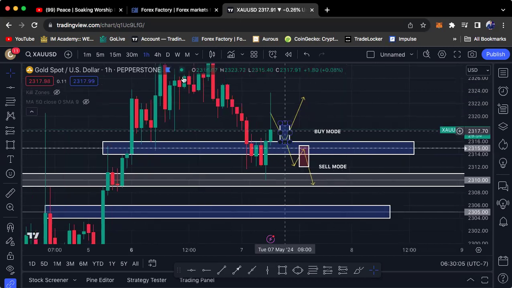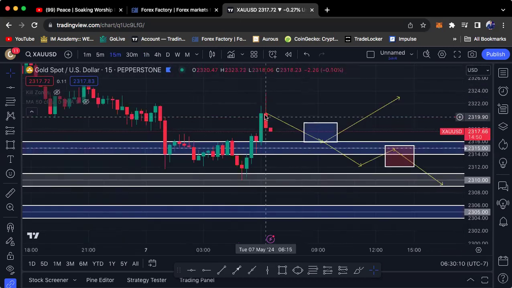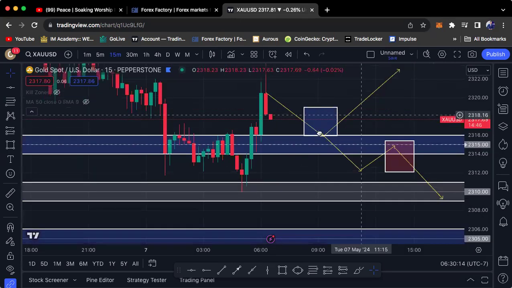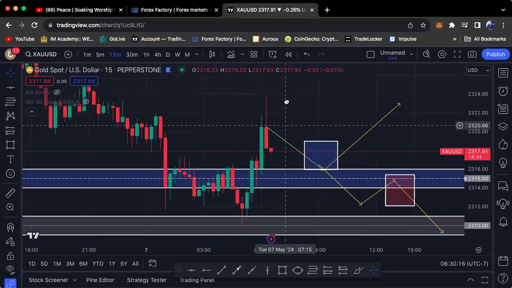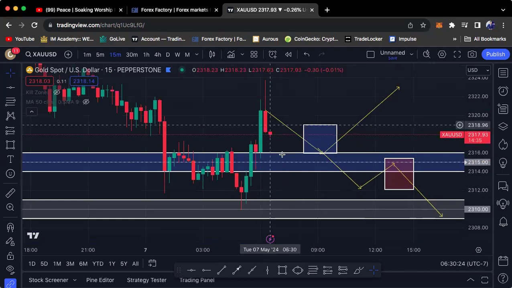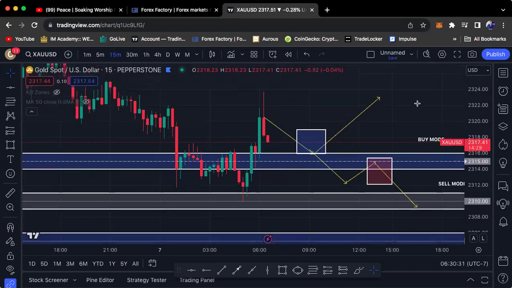You see how price is trending down. You see how it created a bearish candle, looking at the 15-minute. So wait for price to hit your key level before you take a trade. You can use time as part of your confirmation.